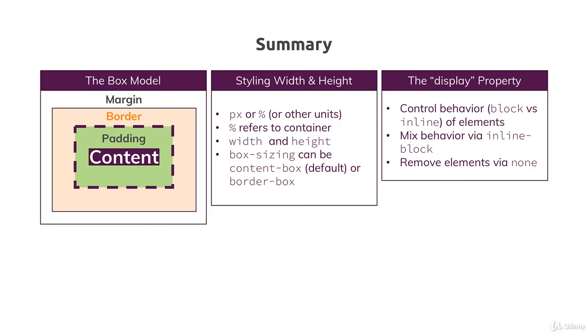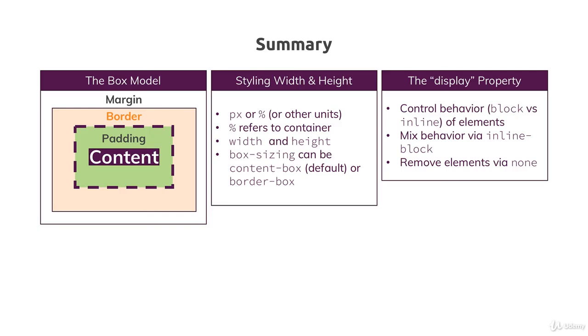With it though, you can change the behavior of block level elements or inline elements. You can set a block level element to behave like an inline one, or the other way around, or use the combination with inline block. We used it to position elements next to each other. And also, don't forget, you can use display none to remove an element from the document flow. Not from the DOM, it's still included there as you saw in the developer tools. It's only removed from the document flow and from the page you see.